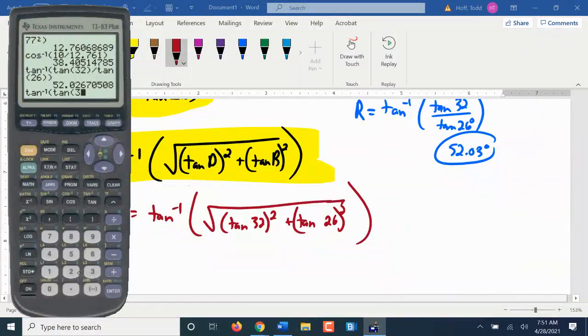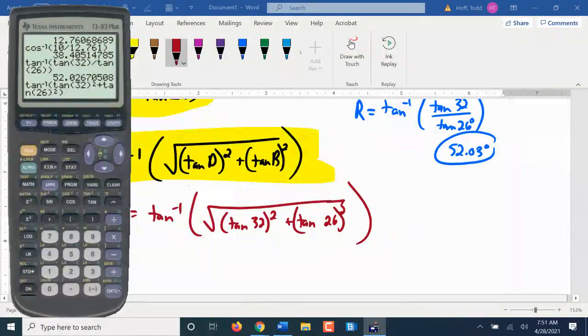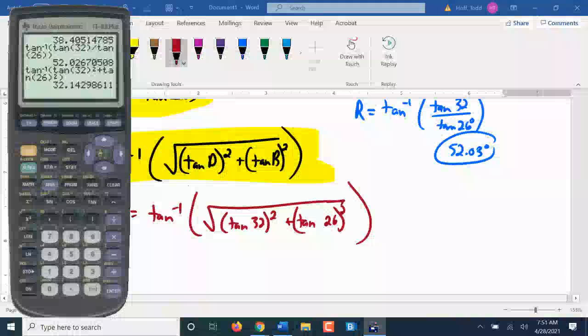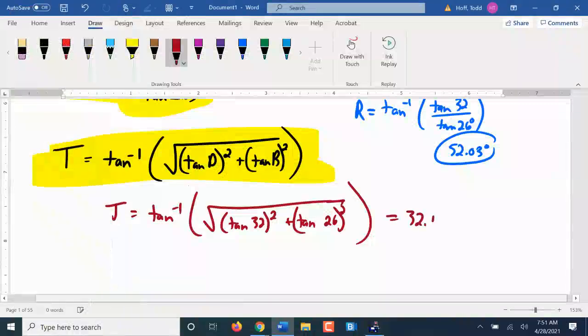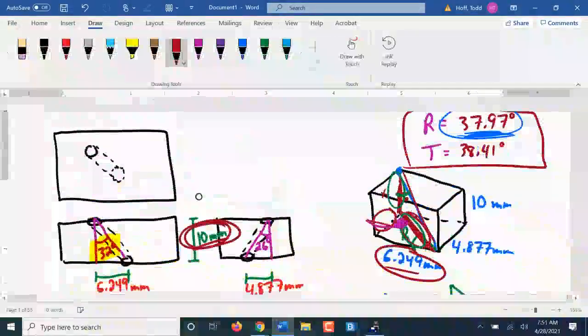Tangent of 32, you gotta close the parentheses and then hit x squared, and that'll be fine. Plus tangent of 26, close the parentheses, hit x squared. Then close your parentheses on the inverse tangent. 32.14 degrees. Compared to what we had, 38.41.